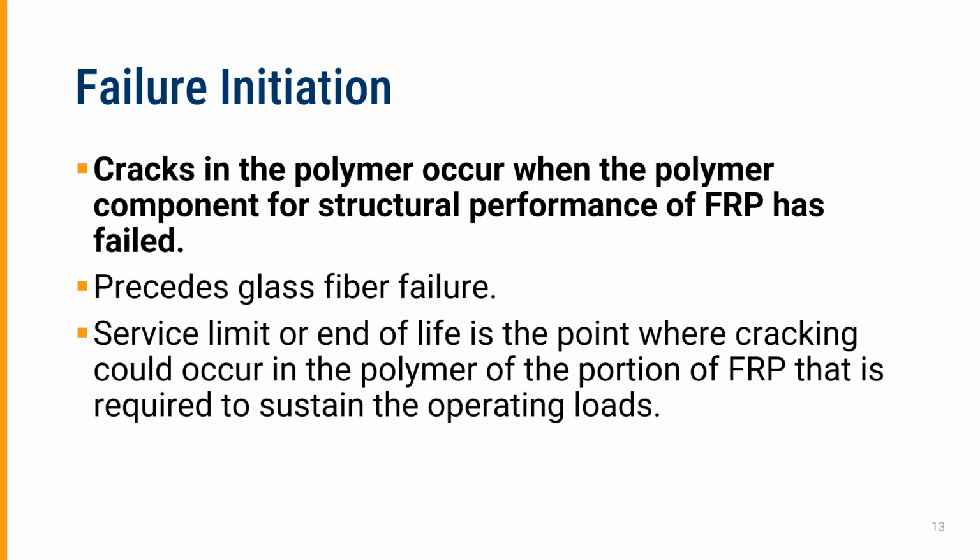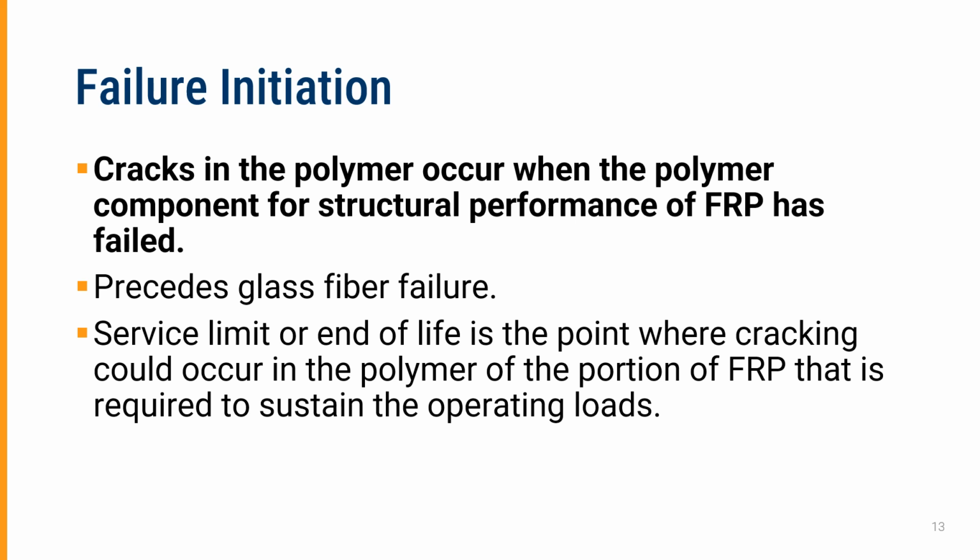It's really important to talk and understand failure initiation. Cracks in the polymer occur when the polymer component for structural performance of the FRP has failed. This goes back to the slide where we showed the tensile test cross section, and we have cracking in the polymer.